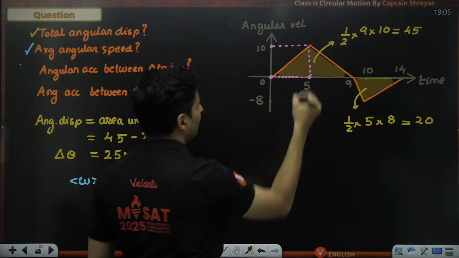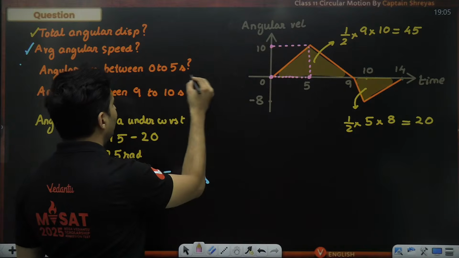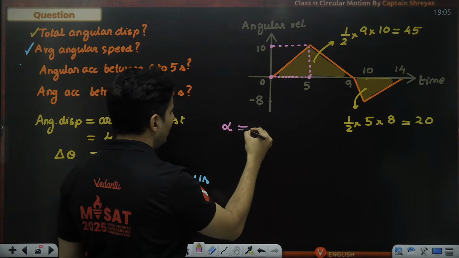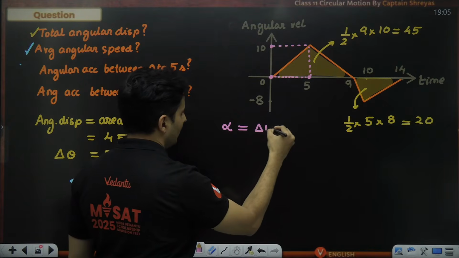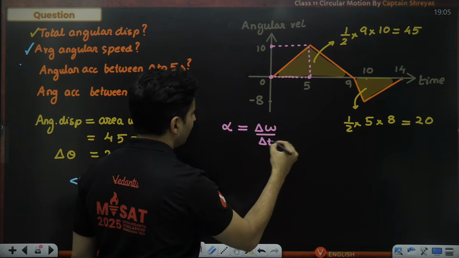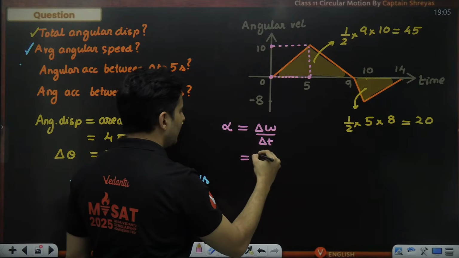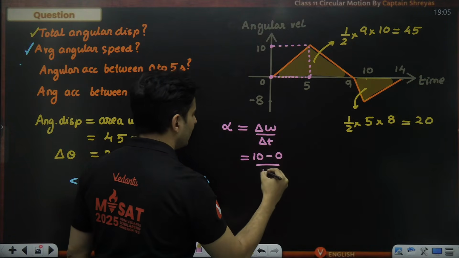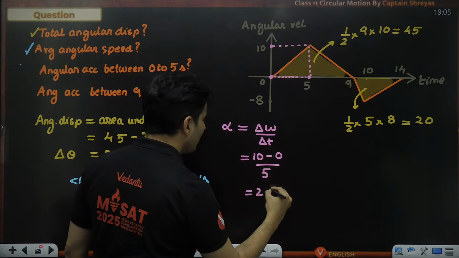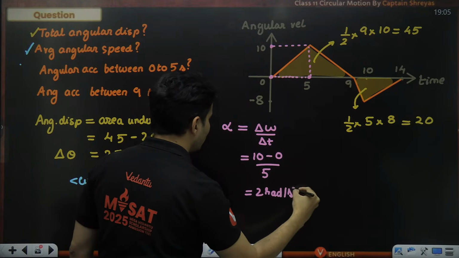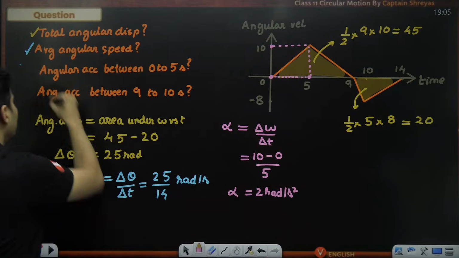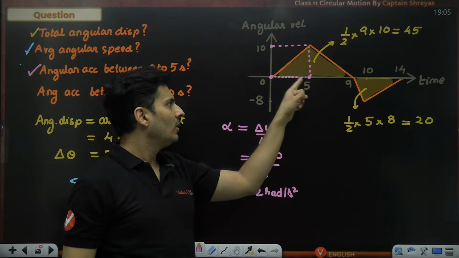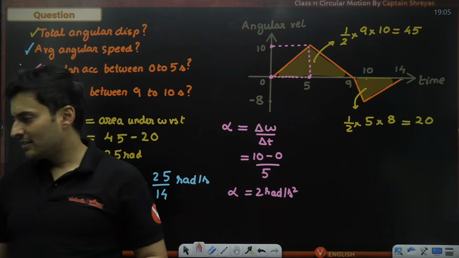So alpha will be the change in velocity upon the time taken. Final is 10, initial is 0, time taken is 5, hence alpha will be 2 radian per second square.